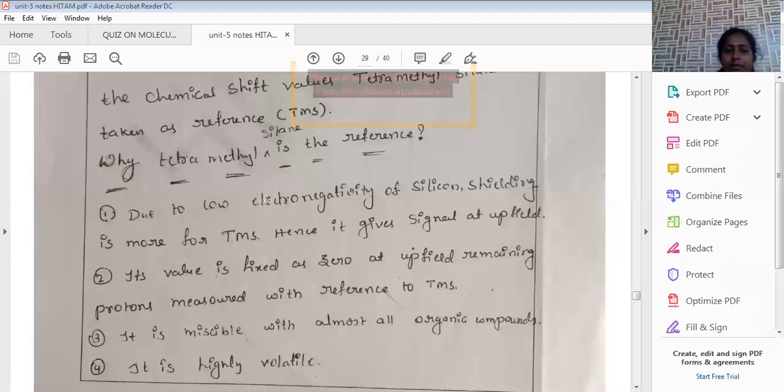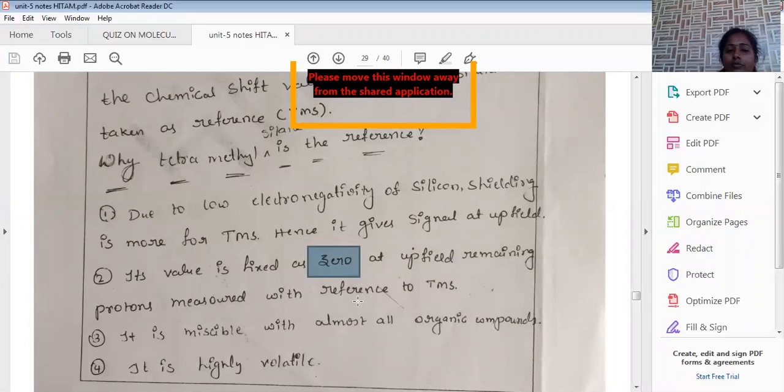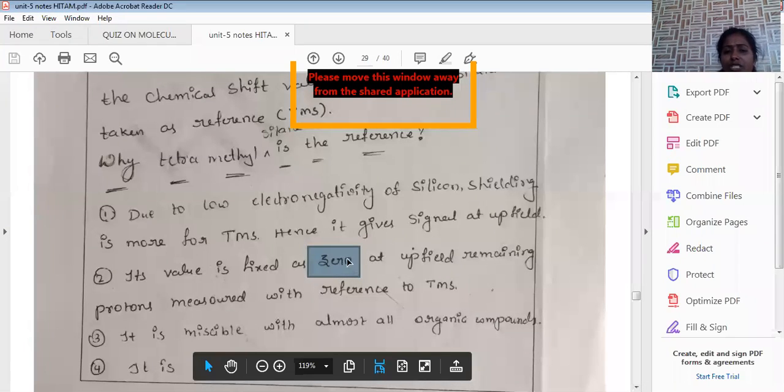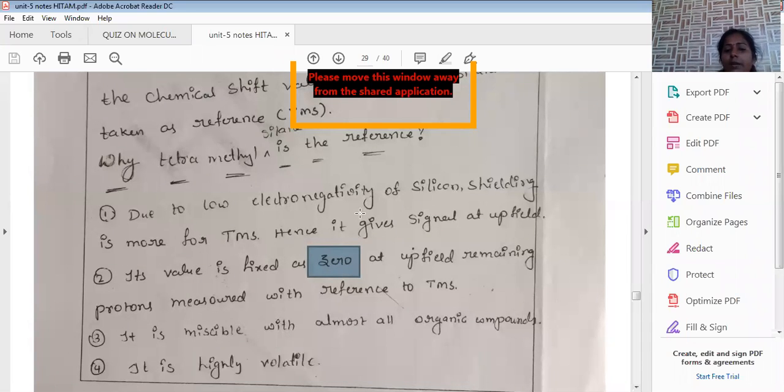That's the reason why in NMR spectroscopy, tetramethylsilane is used as a reference compound. And its delta value is fixed as 0. So with respect to 0, the remaining signals will always be obtained. In NMR spectroscopy, we will get a single peak at 0, that is mainly for this tetramethylsilane.